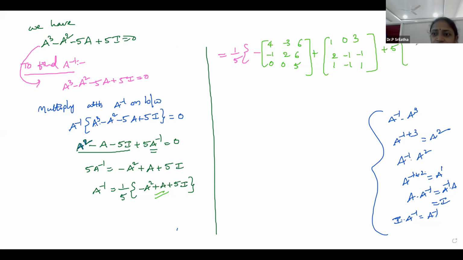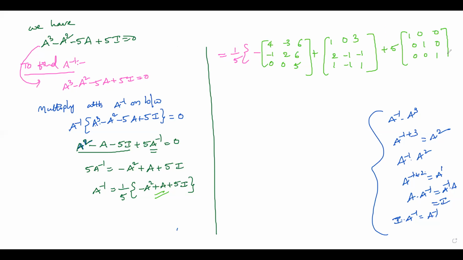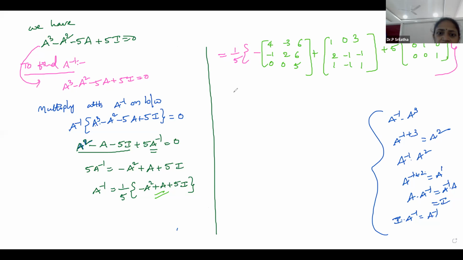So that is 1, 0, 0; 0, 1, 0; 0, 0, 1. After solving this, you will get A inverse.